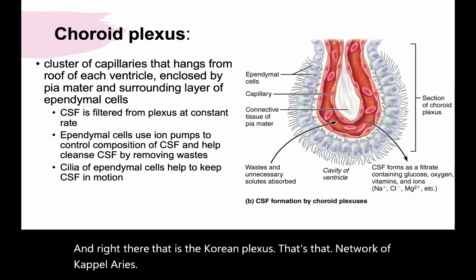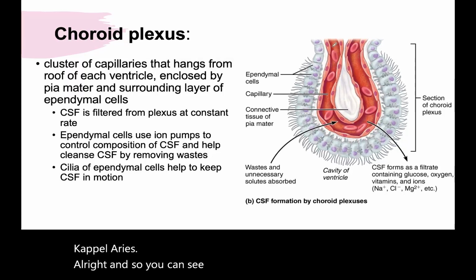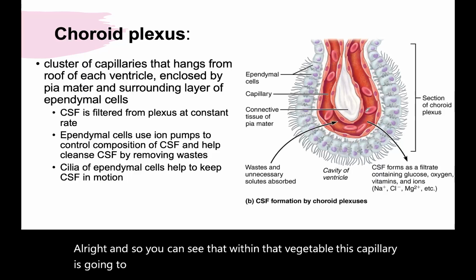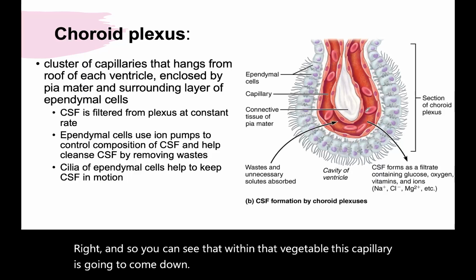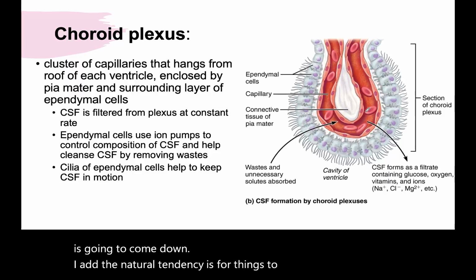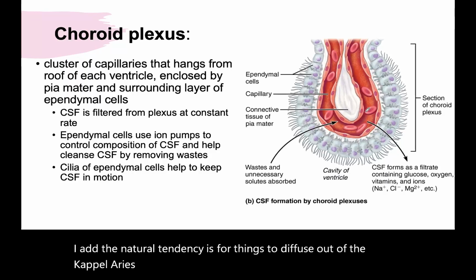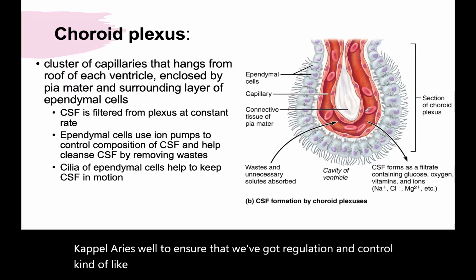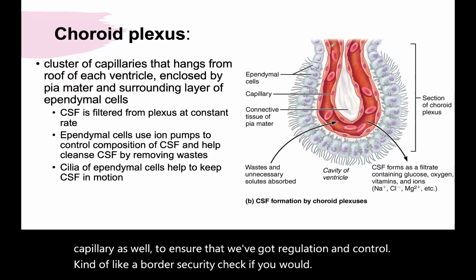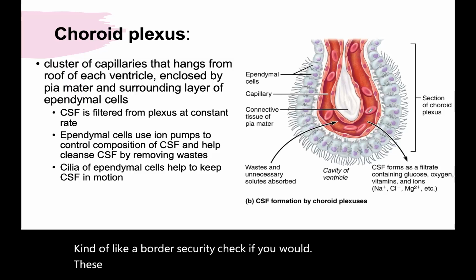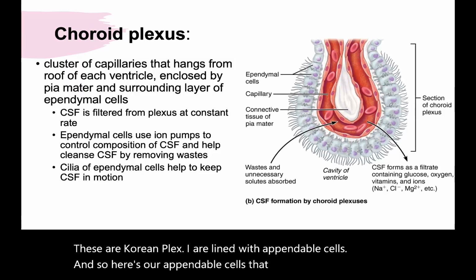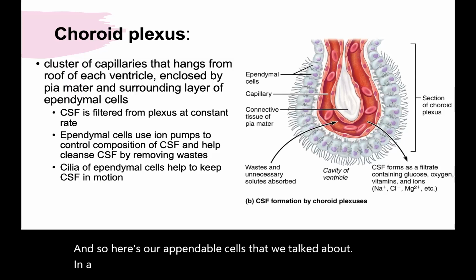All right. And so you can see that within that ventricle, this capillary is going to come down. All right, and the natural tendency is for things to diffuse out of the capillaries. Well, to ensure that we've got regulation and control, kind of like a border security check, if you would, these choroid plexi are lined with ependymal cells. And so here's our ependymal cells that we talked about in a way earlier video. These are the ependymal cells.